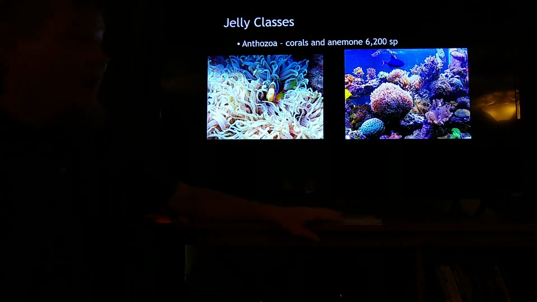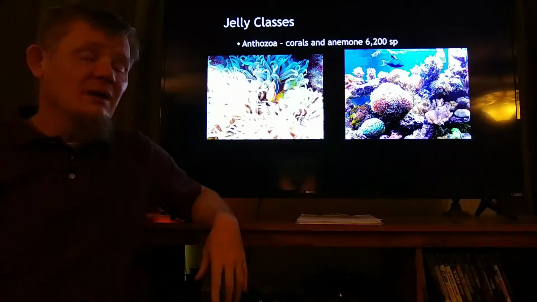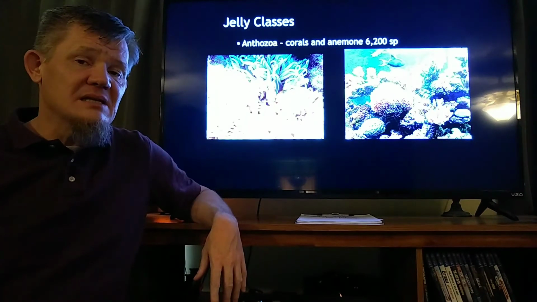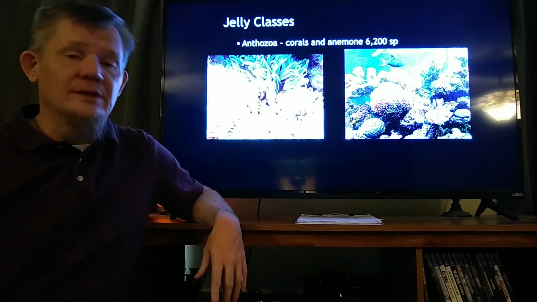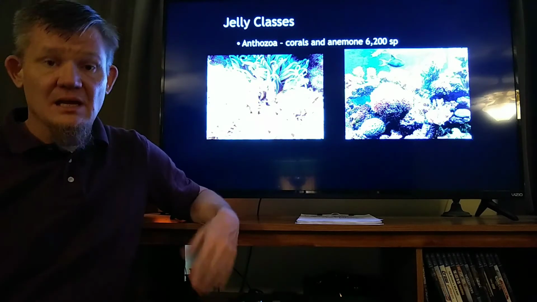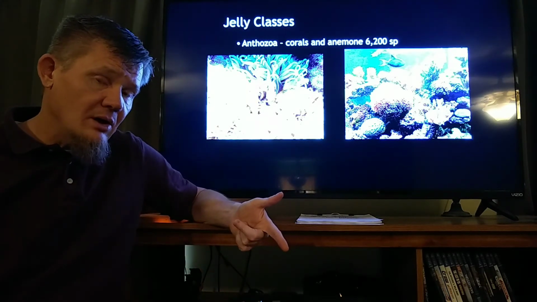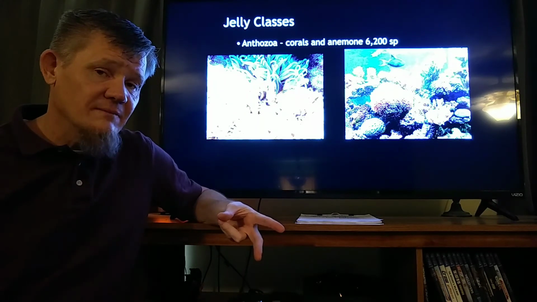Oh, also, 6,200 species. Remember, there's only about 9,000 species of Cnidarians, and 2/3 of them are corals and anemones. About 1/3 are Hydra. About 2/3 are corals and anemones.